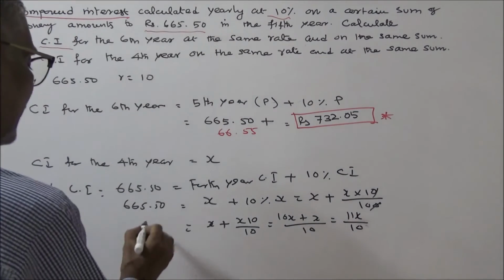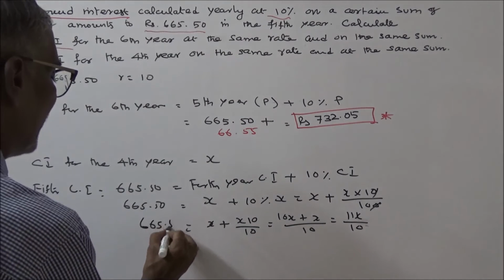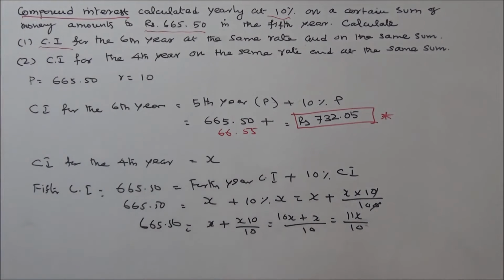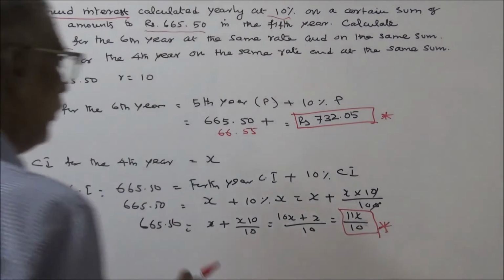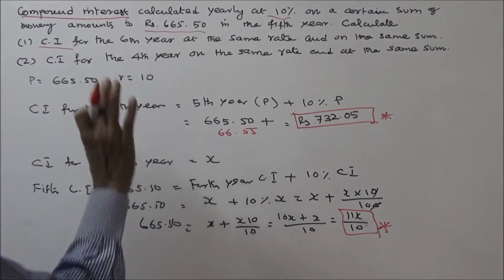So 665.50 is equal to 11x by 10, because we don't know the value of the fourth year compound interest.